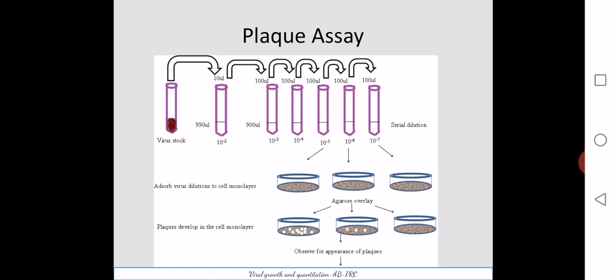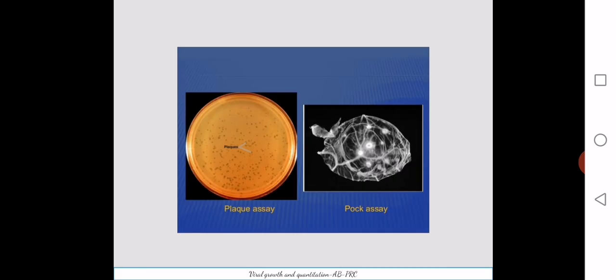A serially diluted sample is plated, and you can count the number just like we do in bacterial systems, and you can see the plaque formation. And the pock assay we also discussed just now. The pocks formed on the chorioallantoic membrane are counted and recorded.